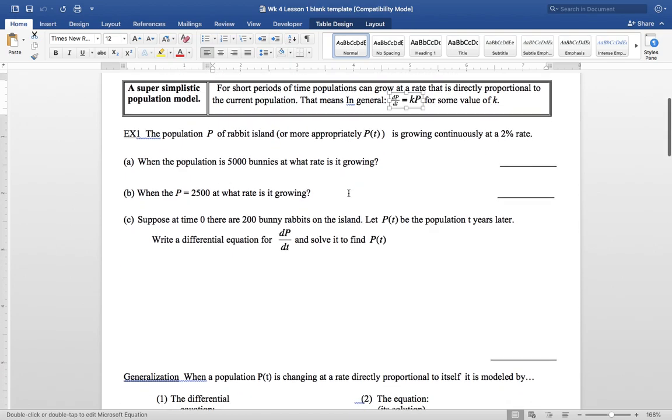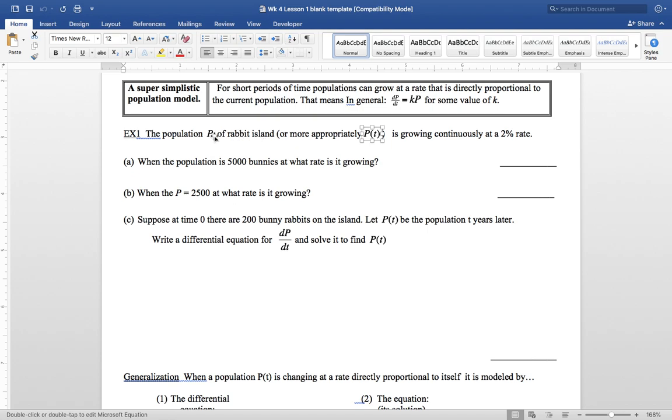So let's take a look at some examples to make this idea a little bit more concrete. Example 1: suppose the population P of Rabbit Island, perhaps more appropriately we should say P of t, capital P is a function of time, okay? Bear that in mind. Capital P is an unknown function of time, which describes the current population.